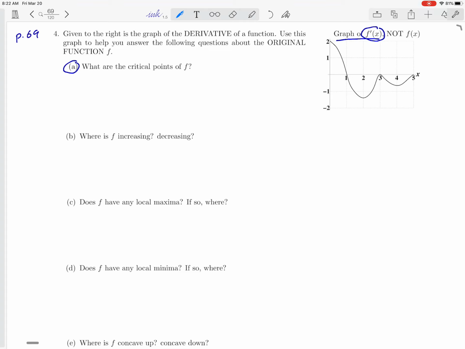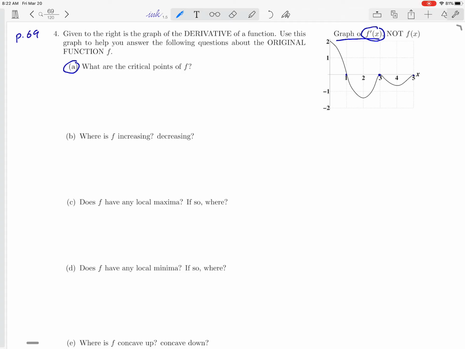Okay, so for example, in part A, they are asking us, what are the critical points of f, the original function? So we have to ask ourselves first, what is a critical point of a function? Well, that's a place where the derivative of the function is equal to 0. So we're looking at the graph that we're given and just trying to pick out the places where the derivative is 0.